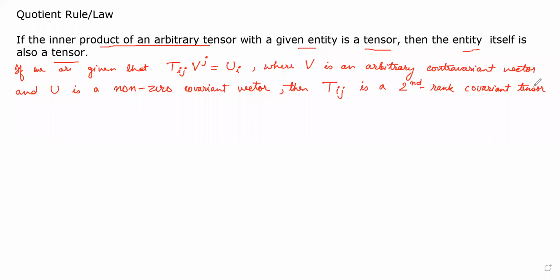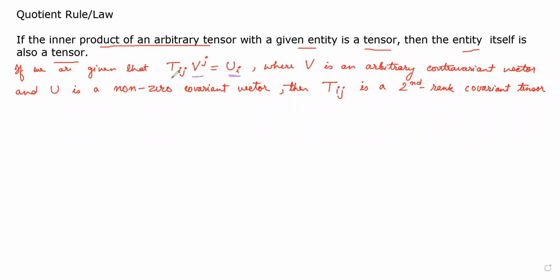Okay, so here is one example. So what are we given here? We are given that this V is an arbitrary contravariant vector, and this U is a non-zero covariant vector. And here we see that we multiply this contravariant vector V with an object T, which has two lower indices ij.